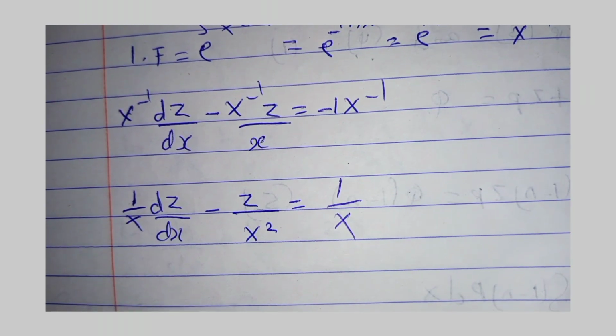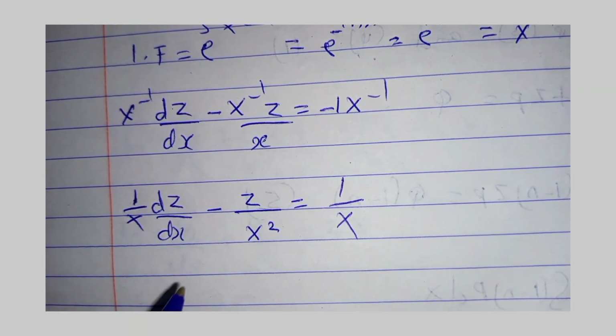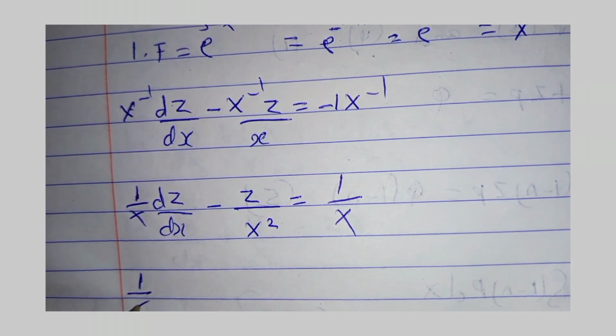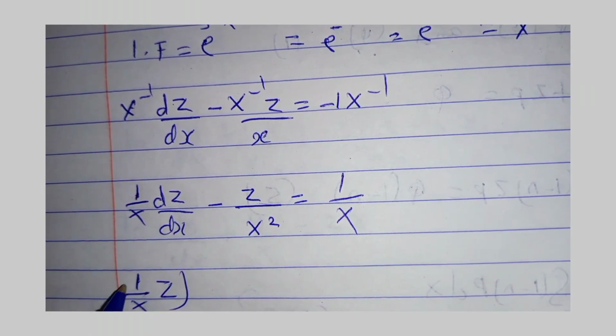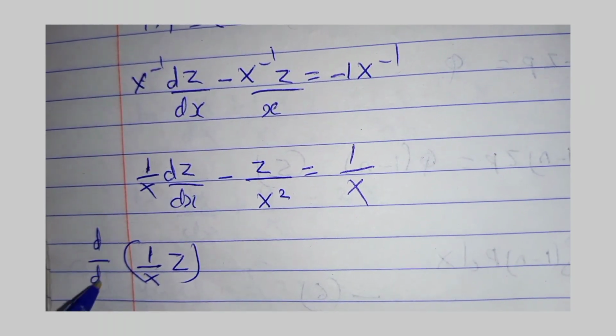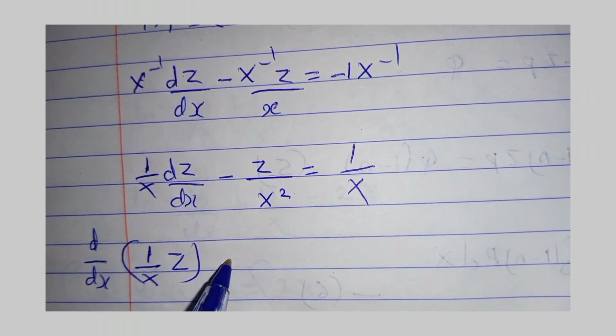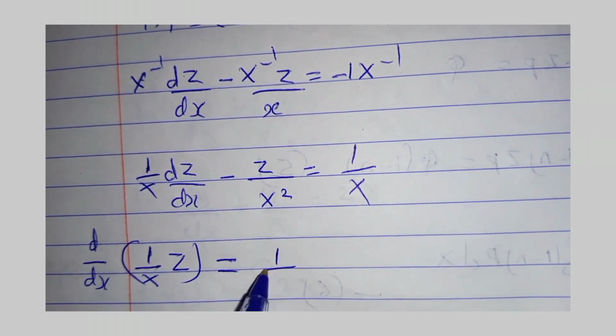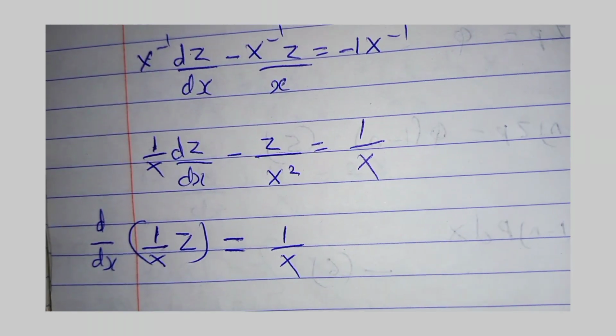Now it can be rewritten as 1 over x multiplied by z, d of dx, which is equal to 1 over x.